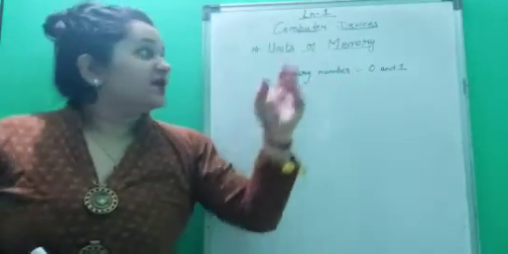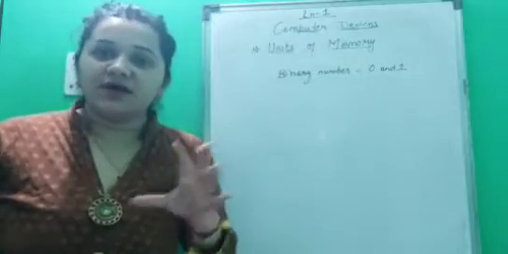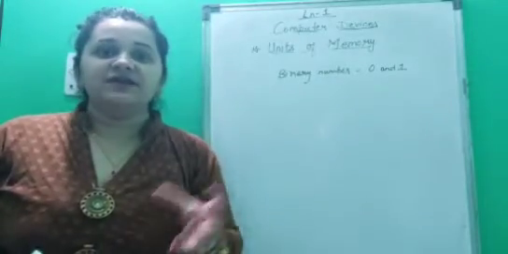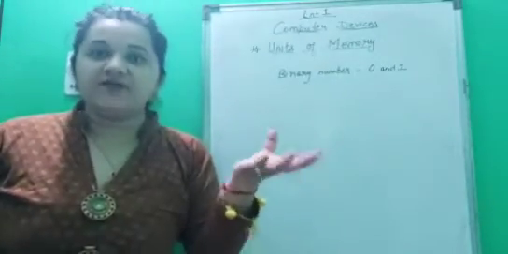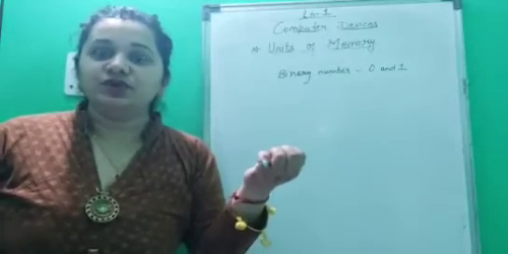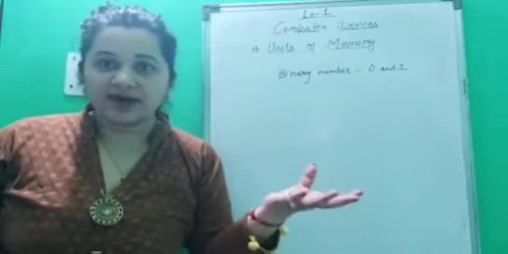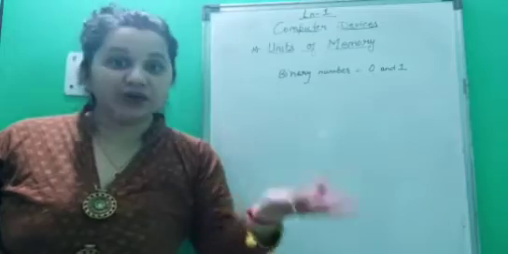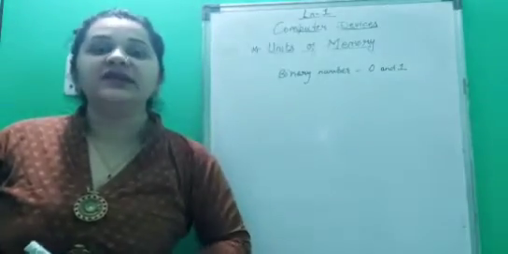So children, units of memory. You have heard about various units. If you want to measure the weight of any object, you will take the unit of kilogram or gram. If you want to measure liquid quantity, you will take the unit in liters.